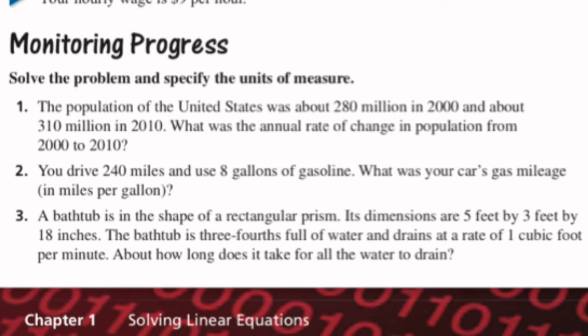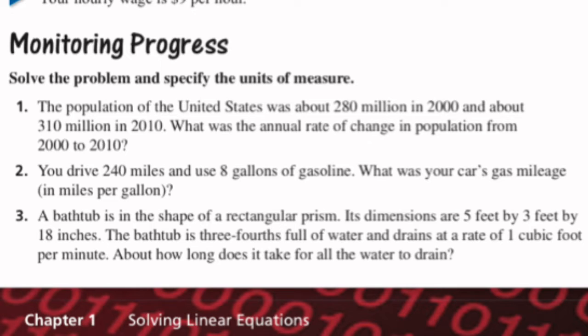Problem number 3. A bathtub is in the shape of a rectangular prism. Its dimensions are 5 feet by 5 feet by 18 inches.